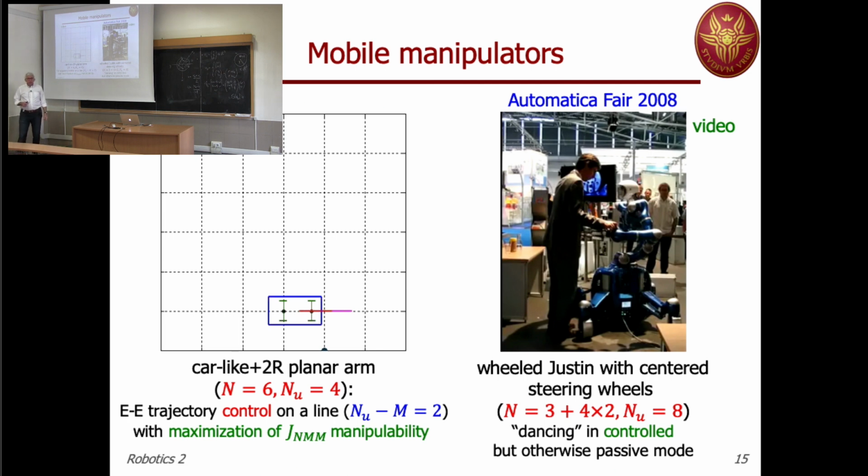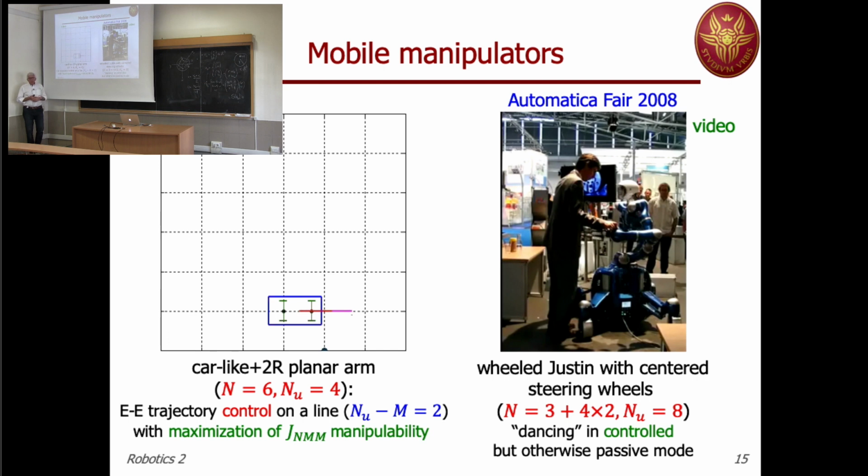So the task dimension is 2. So m is equal to 2 and nu is equal to 4. So the degree of redundancy is nu minus m equal 2 and not n minus m equal 4. Okay, this is the main difference. So apparently we would have had a larger degree of redundancy, but in fact, in terms of commands, we have only degree of redundancy equal to 2.